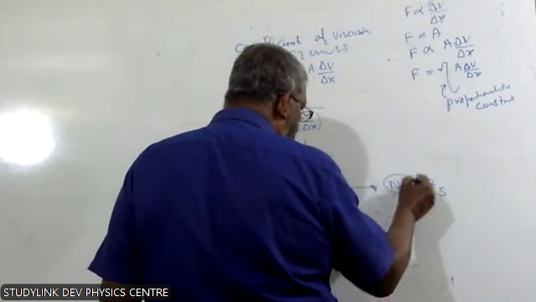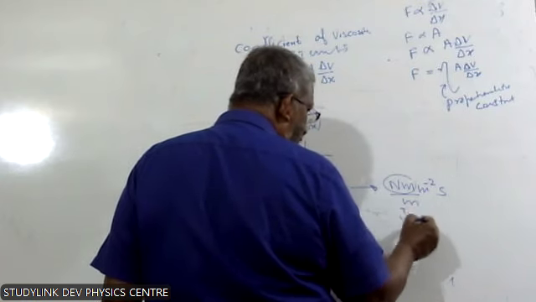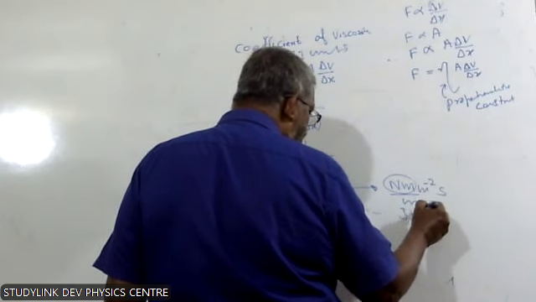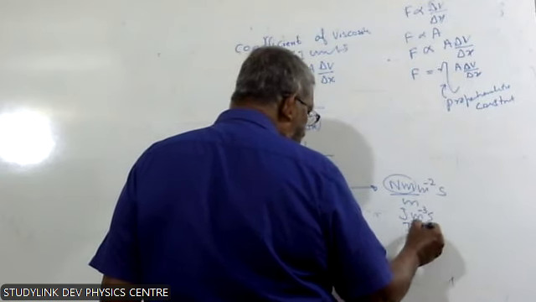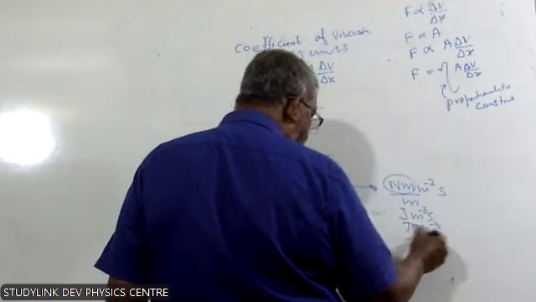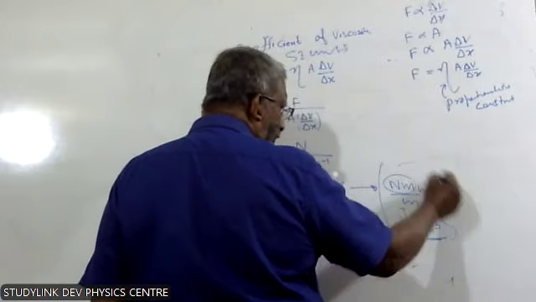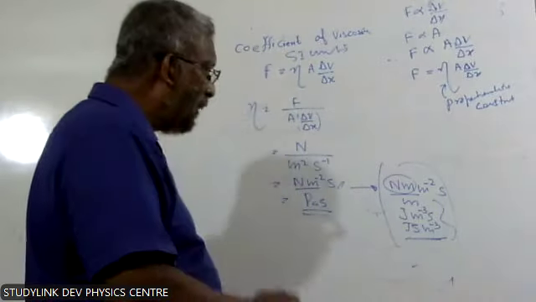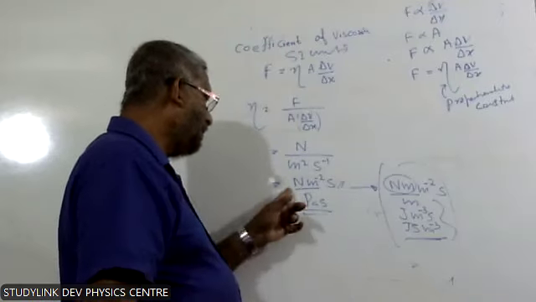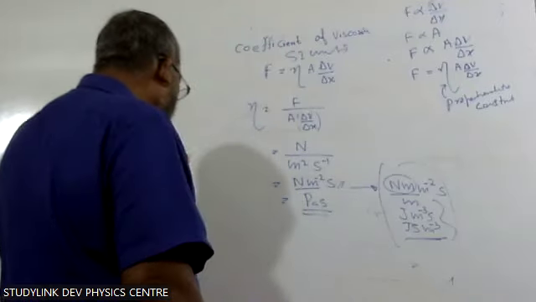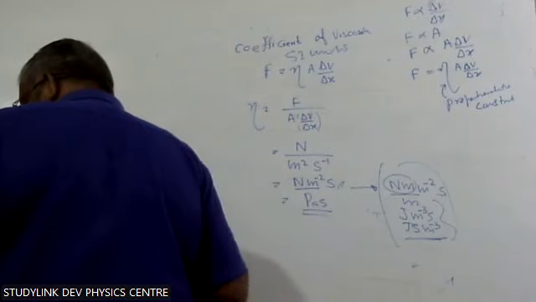Then Newton meter is joule. Joule m^-3 s, or joule second m^-3. Like that, they can change and give. Maybe those are not used but can be used. This is the normal one. Note down how to convert and see.